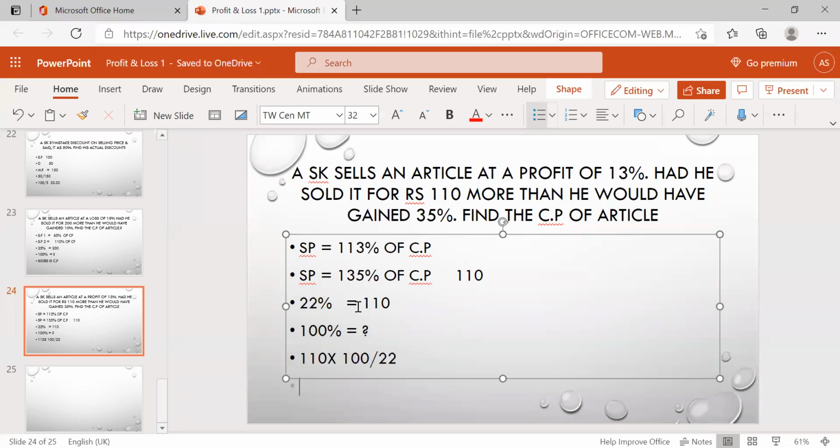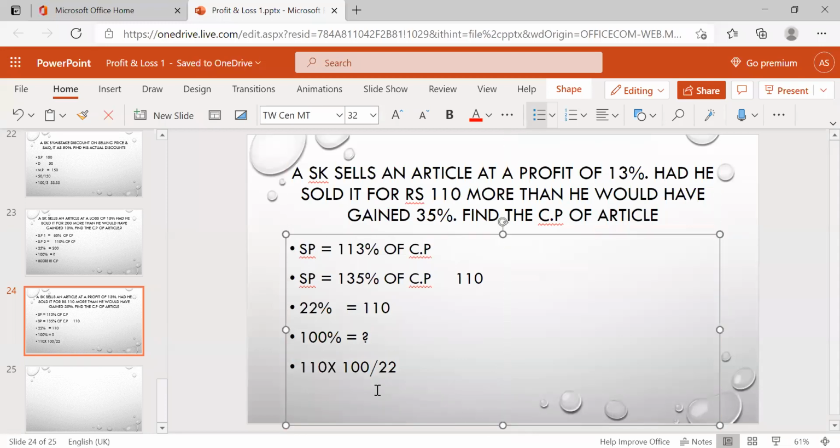By cancelling, 11 twos are 22, so we get 5. And 5 into 100 is nothing but 500. So the cost price is 500.